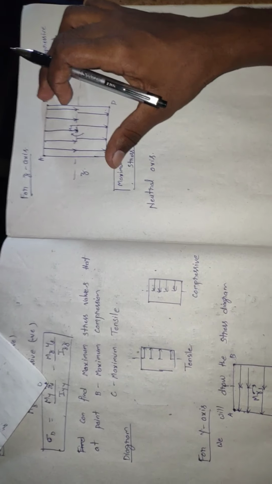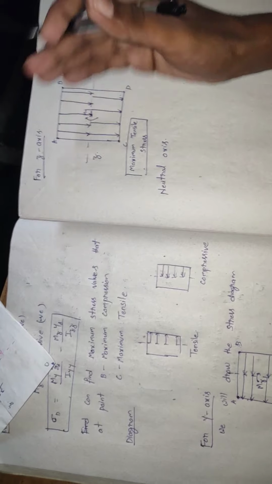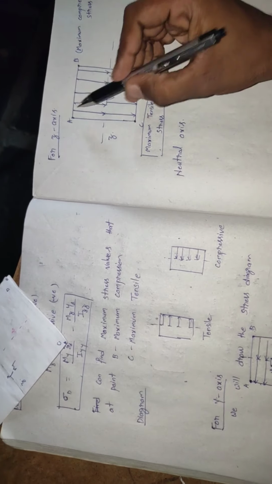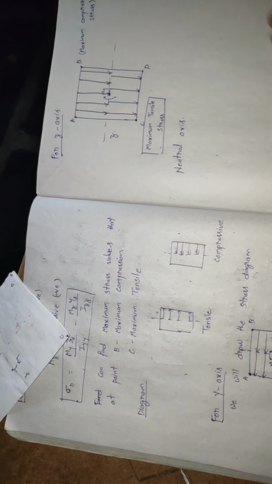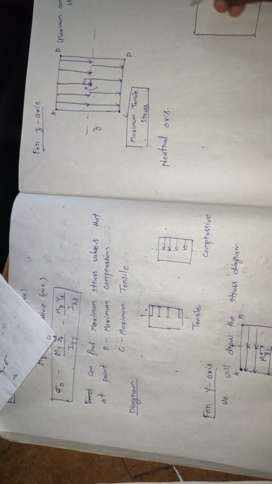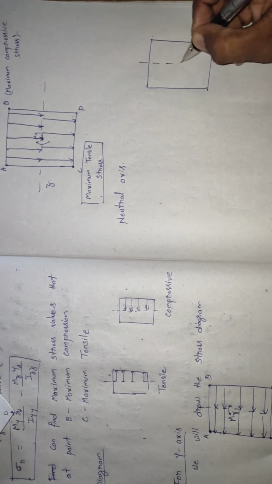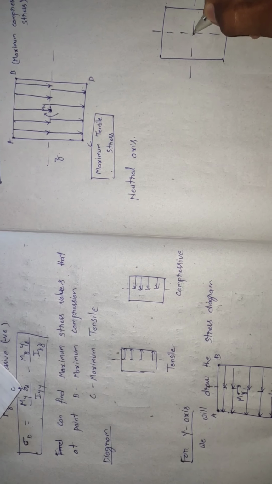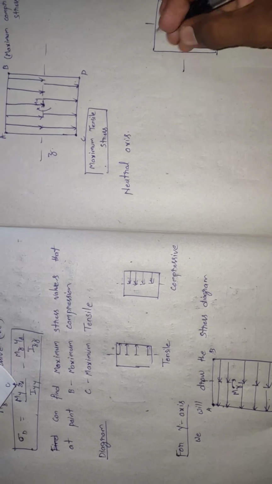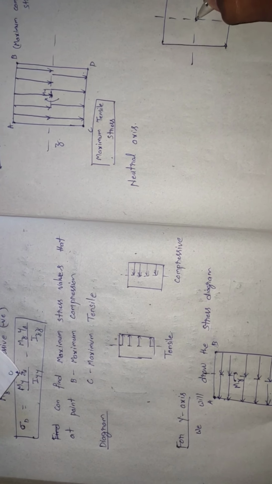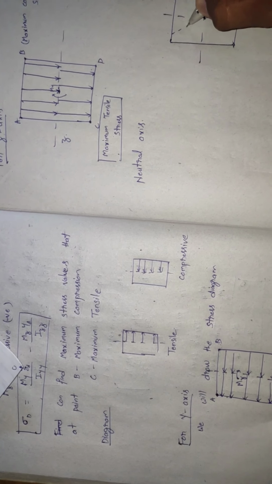Since we are getting the maximum values at these ends, the neutral axis will be near to the AD axis. Let me take, this is the axis.